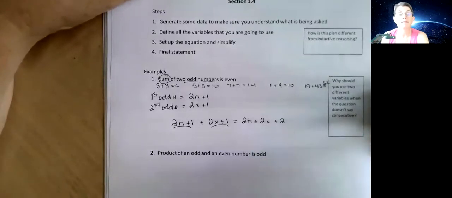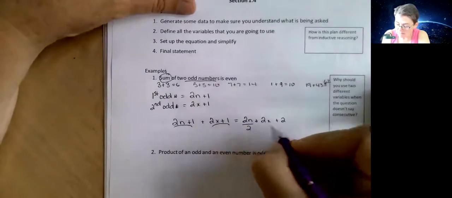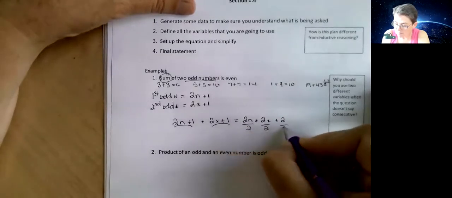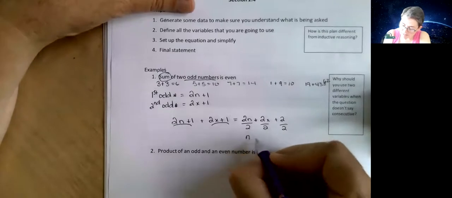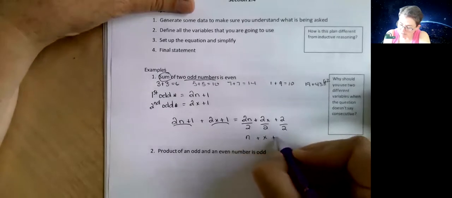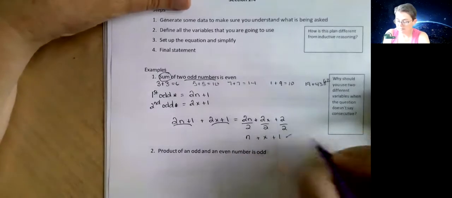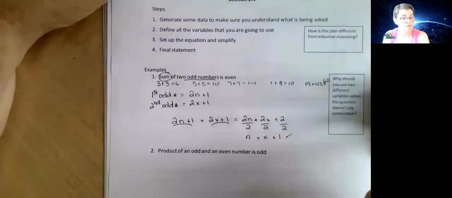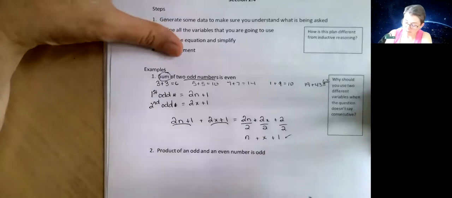And I think the one thing that was missing from the other notes is how do you prove something's even? Oh, can you divide it by 2? So that's our test. Divide by 2. So I get n plus x plus 1. And believe it or not, we just proved that it is even. So what did we do?